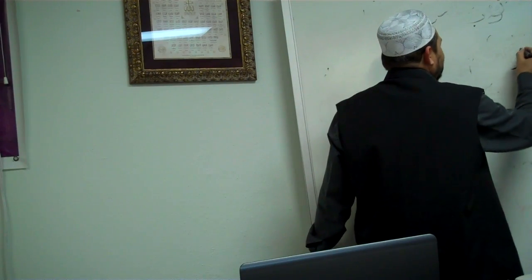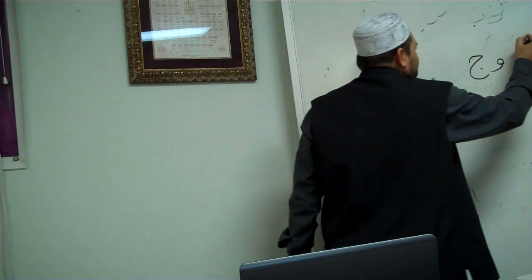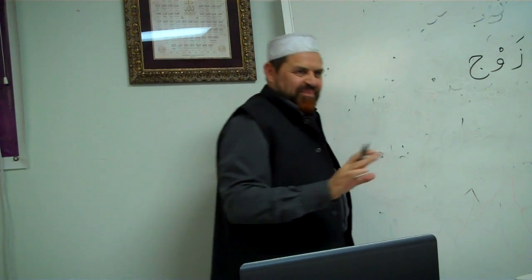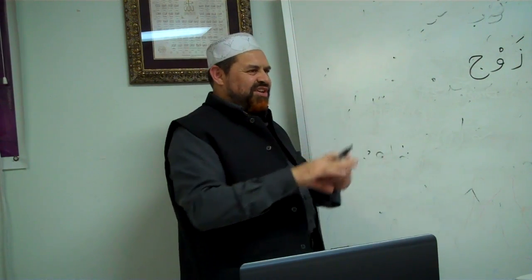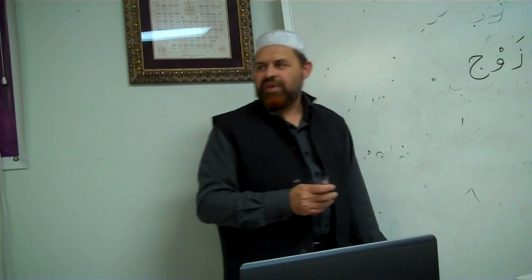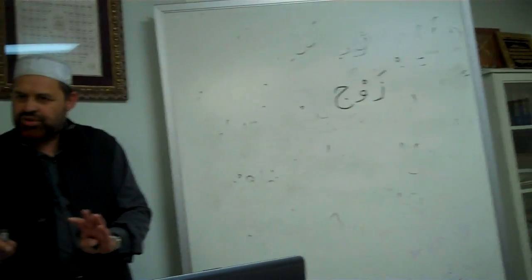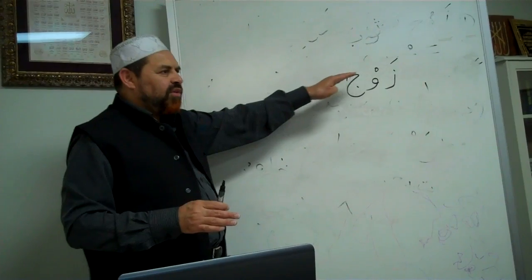You can write the word zawj in 4 ways. This is the beginning level. You are vocalizing it. You are putting fatha on za, putting sukoon on waw, and leaving jim like that, so that you can read zawj easily with the help of vocalization.